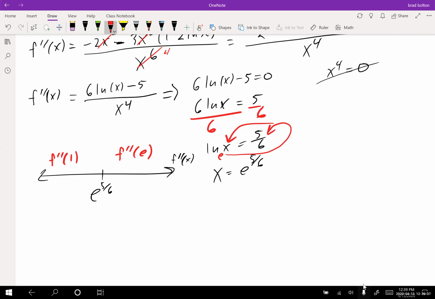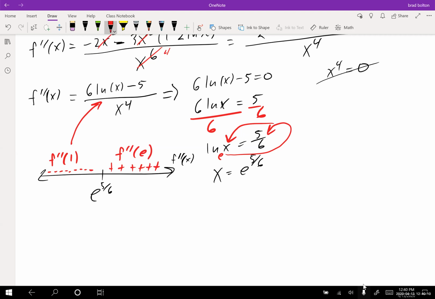So when I plug 1 into my second derivative, this would be 0, so I'd get 0 minus 5 over 1, which would be -5. So we're going to get a negative. And when I plug e into there, I get 6 minus 5, which would be 1, divided by e to the 4th, which would be a positive over a positive, which would be positive.